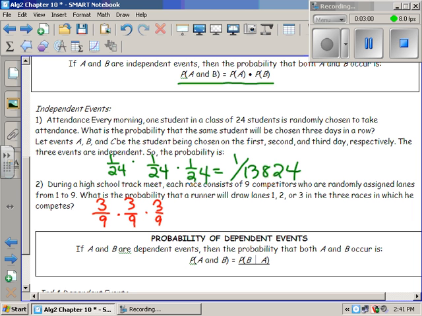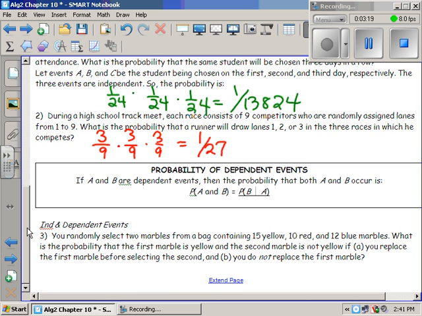Okay, I can reduce all these down to 1/3 times 1/3 times 1/3. So that would give me a 1 in 27 chance of being in one of those 3 lanes all 3 times. Okay, that's how we calculate an independent event. You just multiply each individual probability.